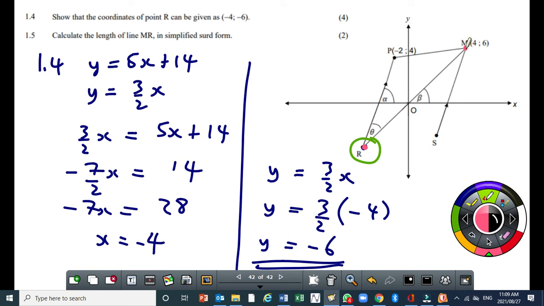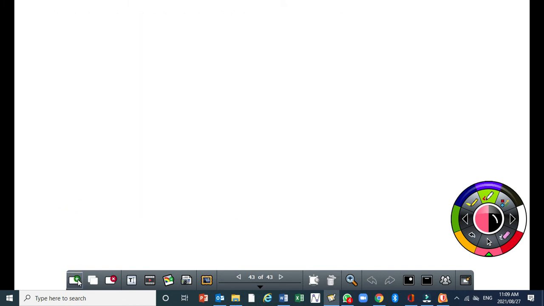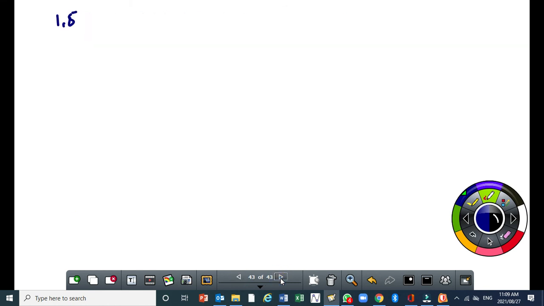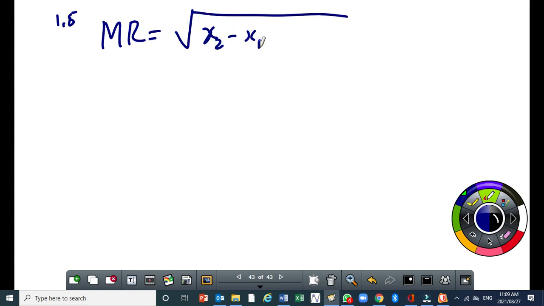So MR will be equal to the square root of x2 minus x1 squared plus y2 minus y1 squared.